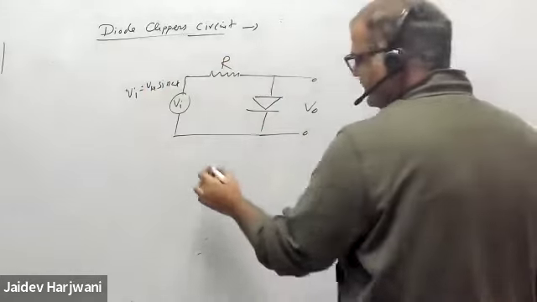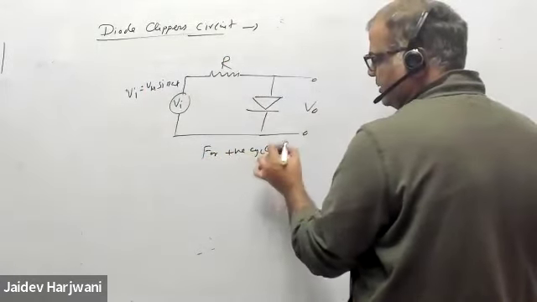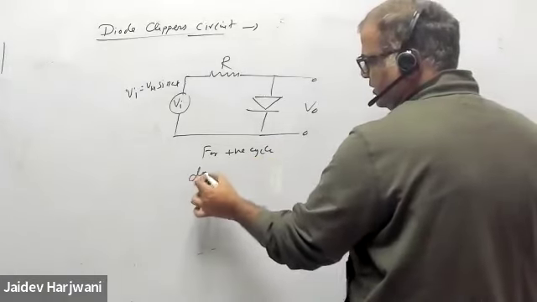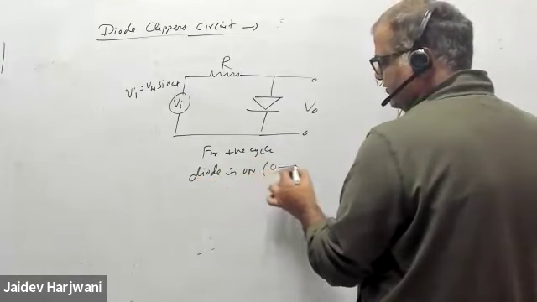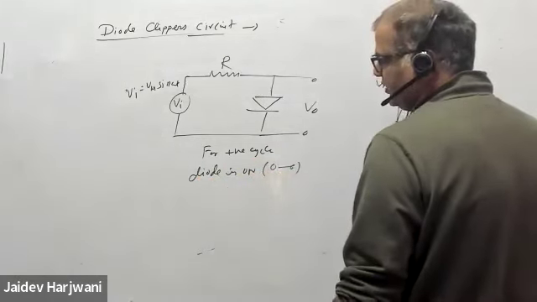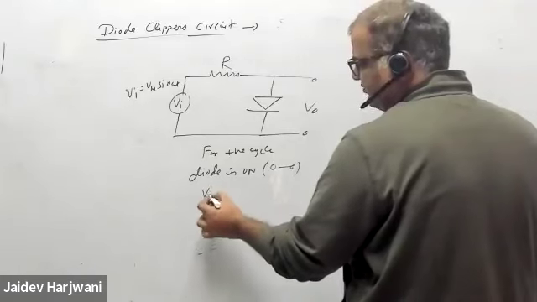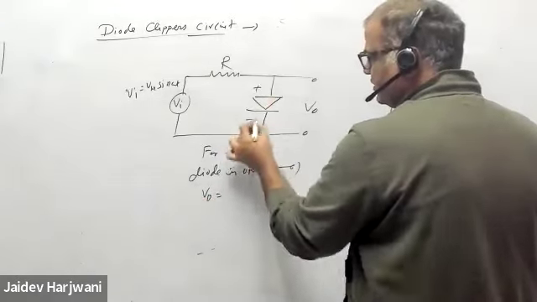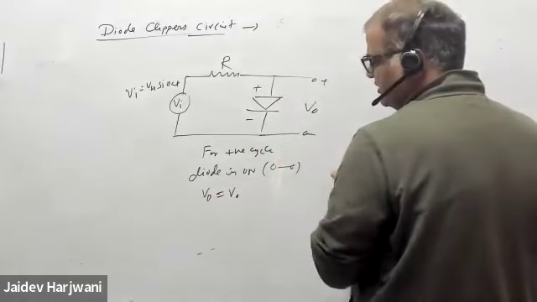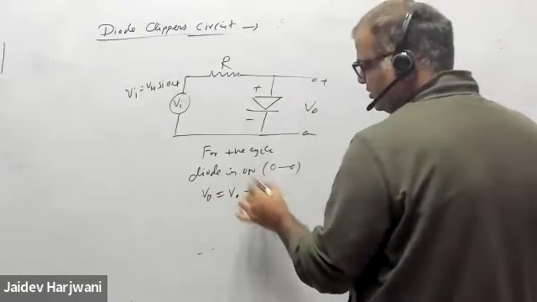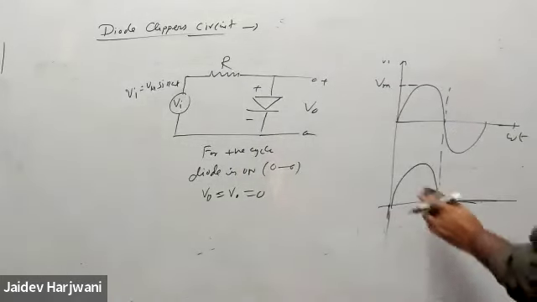For positive cycle, the diode is on, replaced by a short circuit. So the voltage across the diode, Vd, is equal to V naught, and V naught equals 0. Yes or no? Yes, sir.